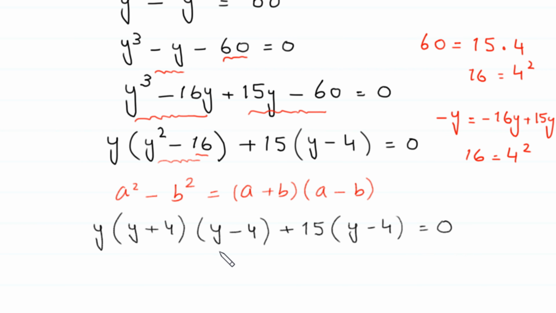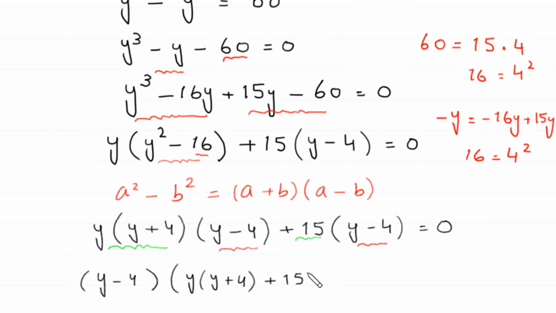Now this expression y minus 4 is a common factor, so we can factor out this expression y minus 4. y minus 4 times in brackets y times y plus 4 plus 15 is equal to 0.